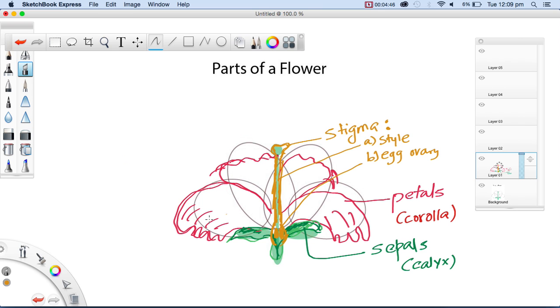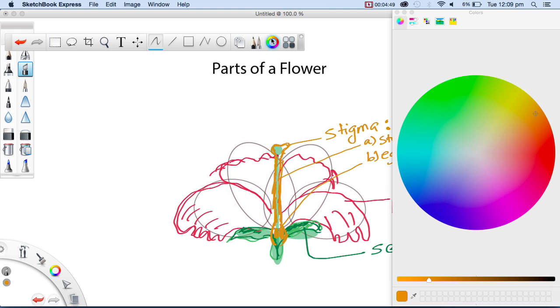Surrounding this you will have a lot of strands which are filaments holding the pollen. So let's draw them. They're known as the stamen. So a filament that holds the pollen.